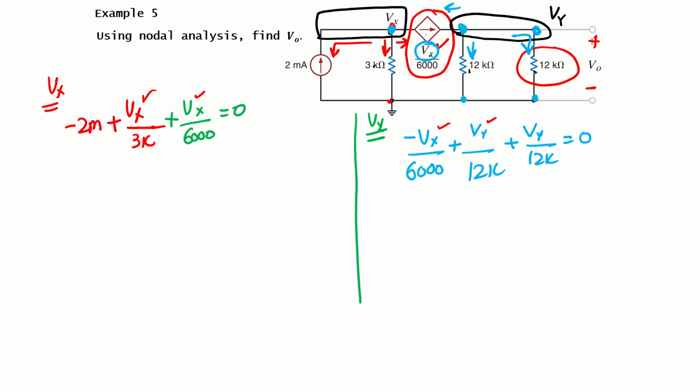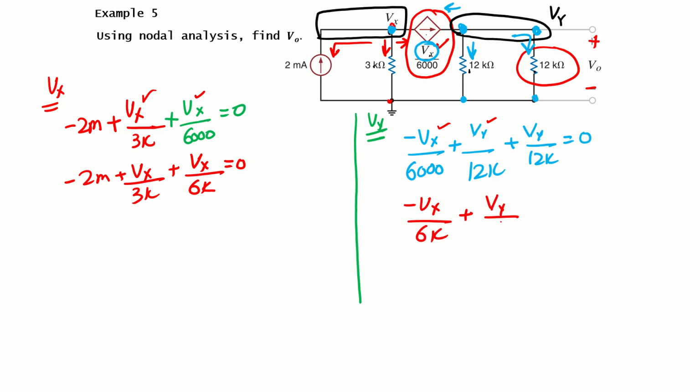So we will just simplify these two equations. To simplify the analysis, I can rewrite this as Vx over 3k, and this 6000 can be written as 6k. This is just a simplification step. Same thing we do here: minus Vx over 6k, plus Vy over 12k, plus Vy over 12k, equal to 0. Why did I do that?